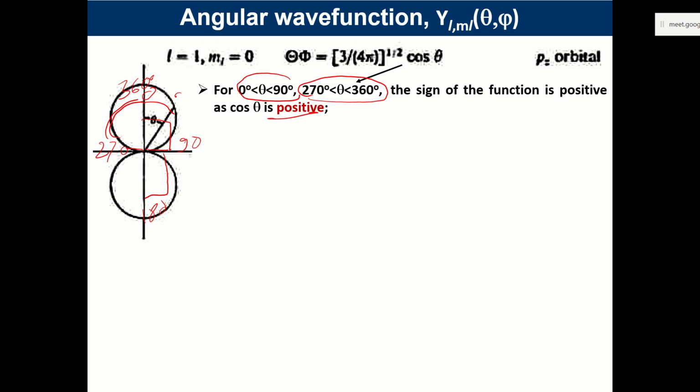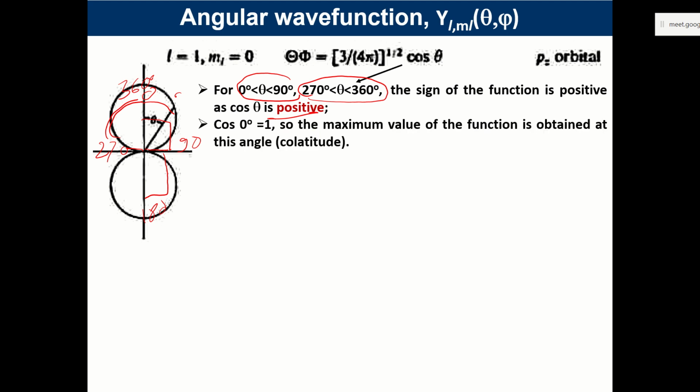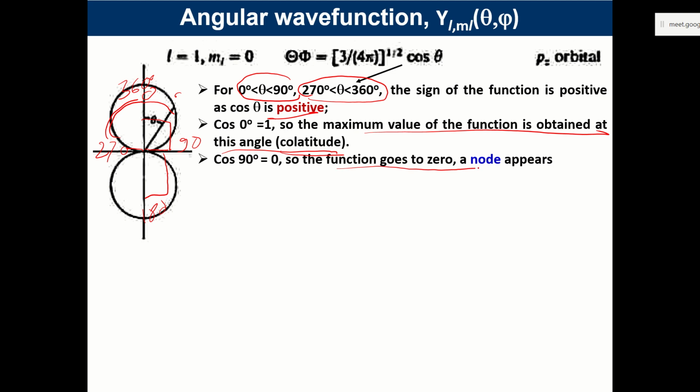So you will generate this kind of thing. Cos 0 is 1, so the maximum value is obtained at this angle. This is called co-latitude. And cos 90 degrees is where the function goes to 0, and here a node will appear.